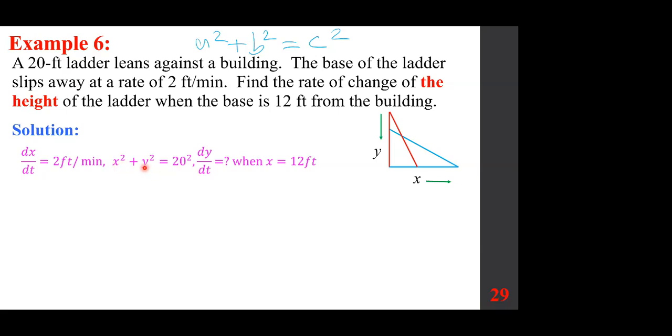Let's differentiate this with respect to t. 2x dx/dt plus 2y dy/dt equals, any number results in 0.